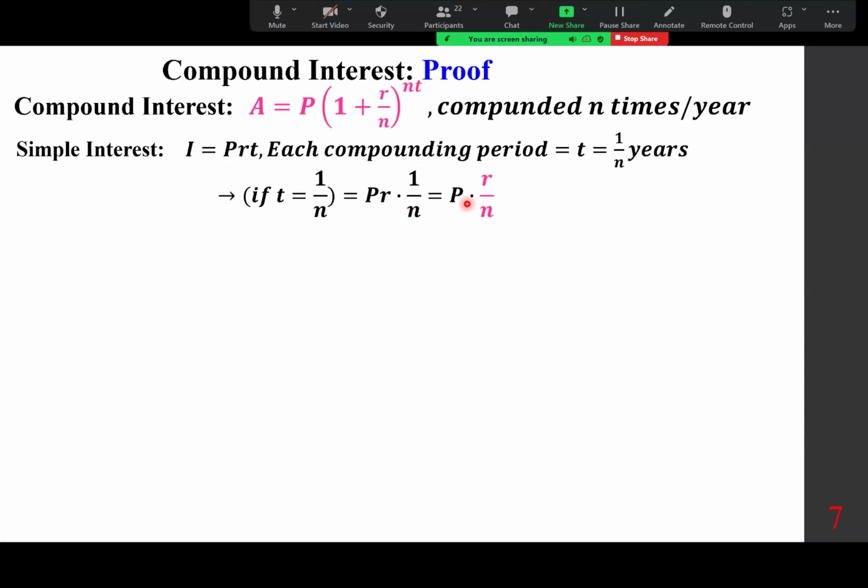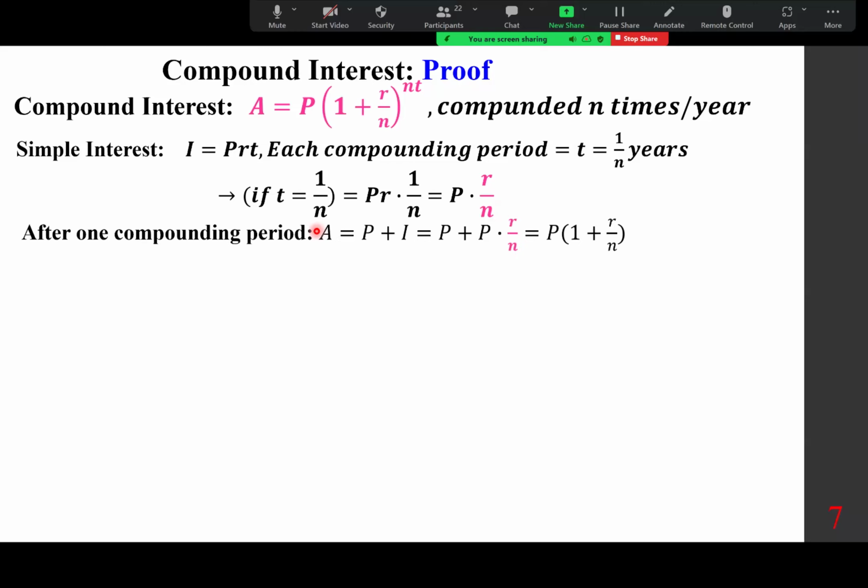So P times r times 1 over n is P times r over n. So after one compounding, A is P plus I, P plus P r over n. And now we can take the P out: P times 1 plus r over n.